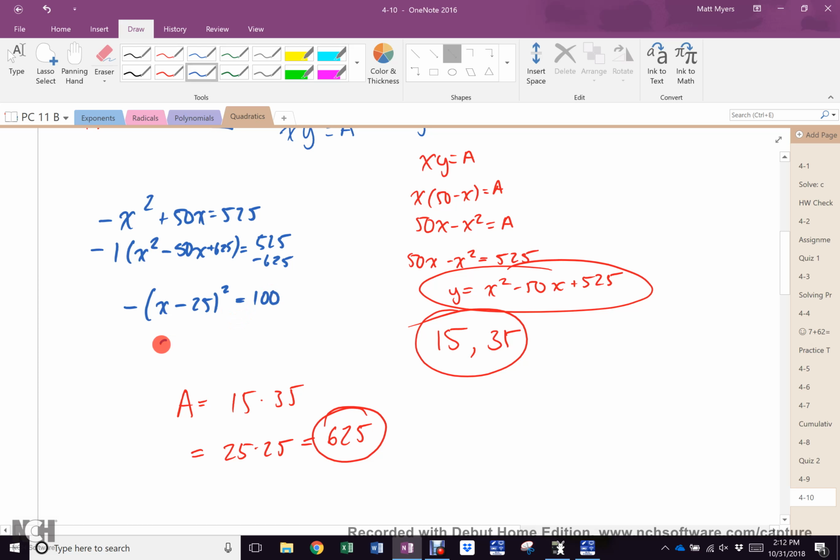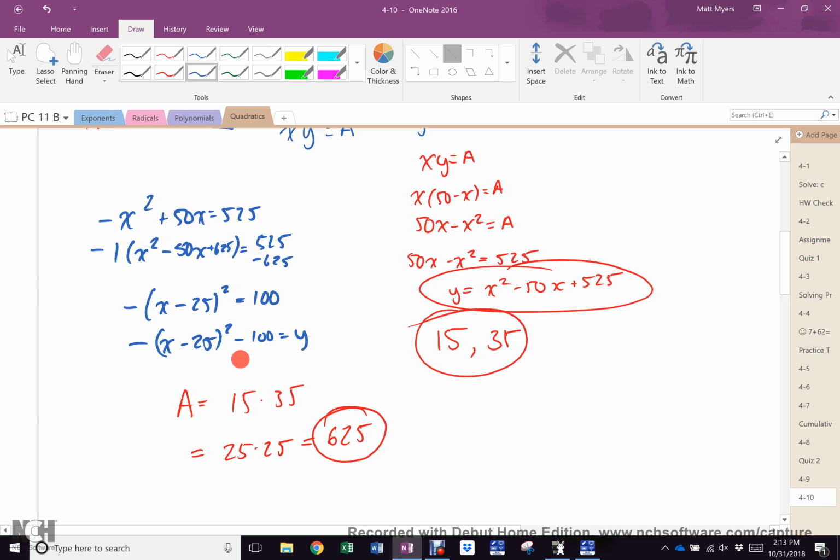Okay, so that is negative x minus 25 squared minus 100 equals y, right? Okay, so what's the vertex? The vertex is positive 25, negative 100, yeah?